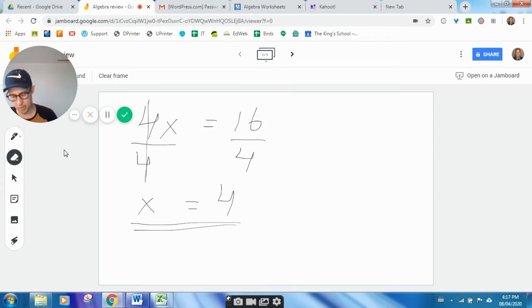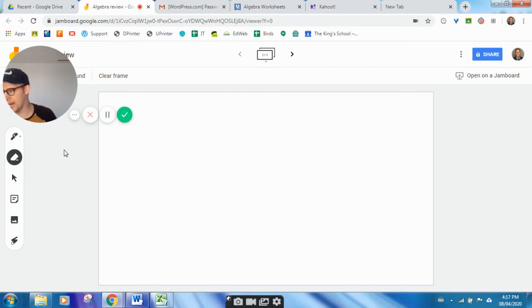Okay, let's take a look at the next problem here. The next problem here is x over 4 equals 9. Okay, so a couple of things I want you to notice about this problem. First of all, when there's a line like this, it is showing division.